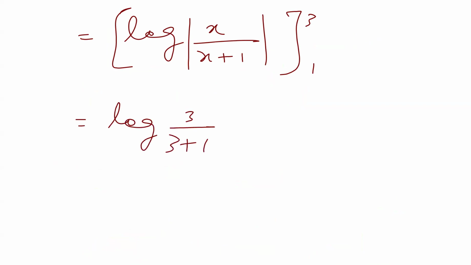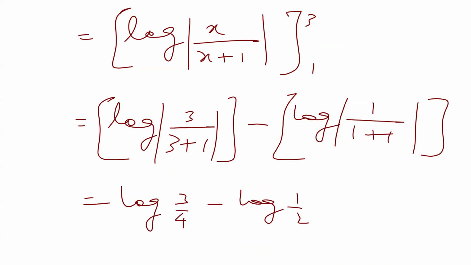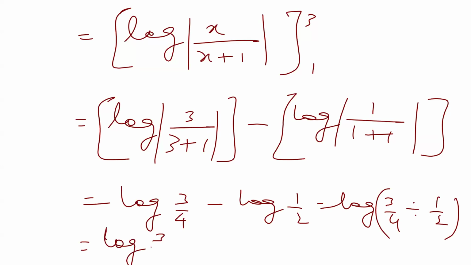So log 3 upon 3 plus 1 minus log 1 upon 1 plus 1. Box minus box. Log 3 by 4 minus log 1 by 2. Log 3 by 4 divided by 1 by 2. So this is going to be log 3 by 2.